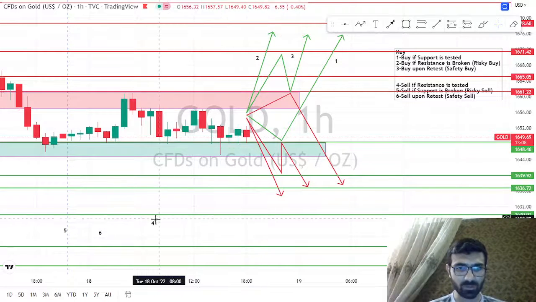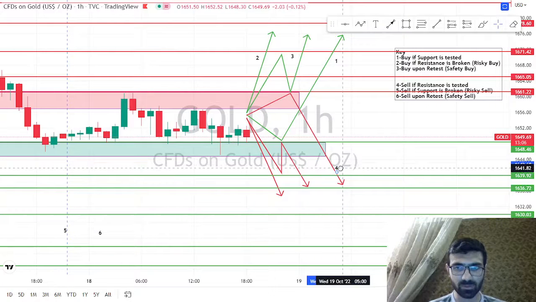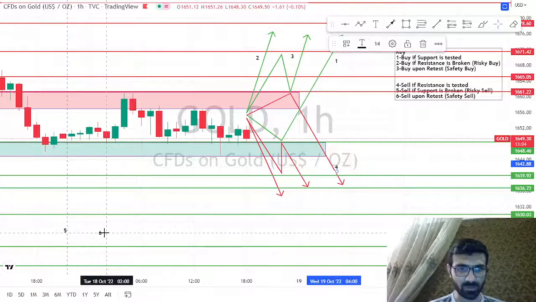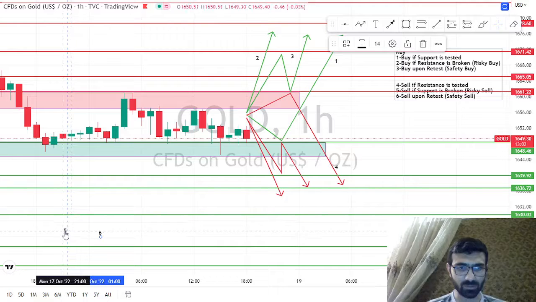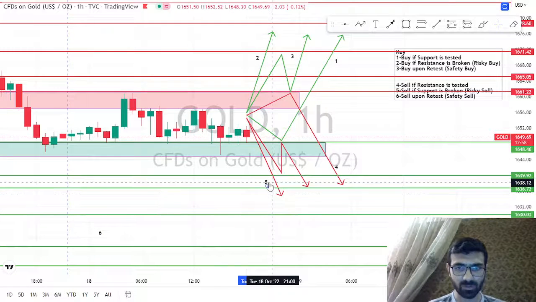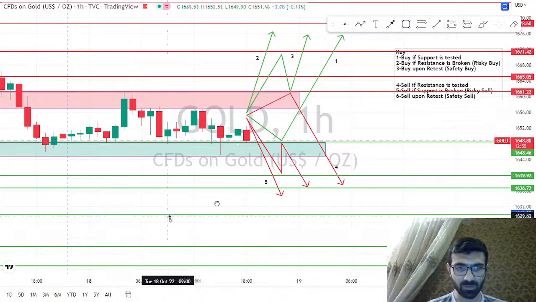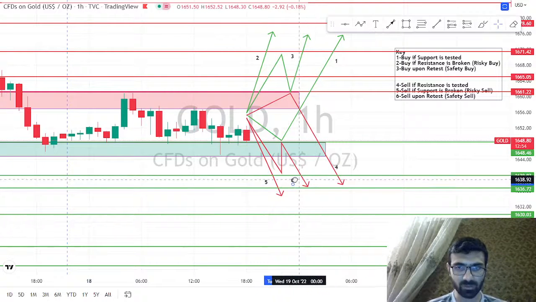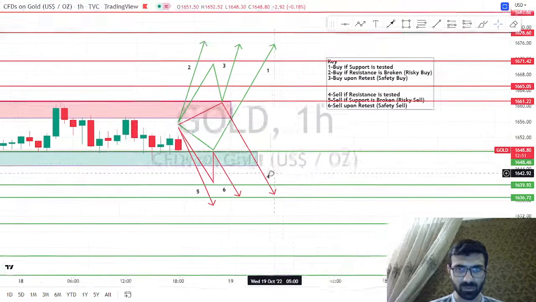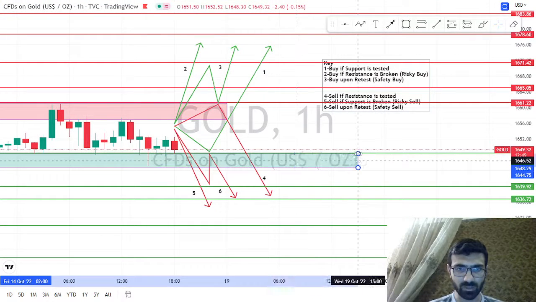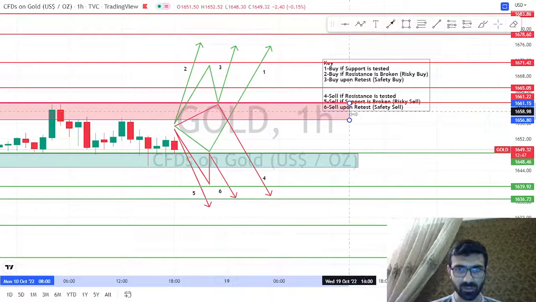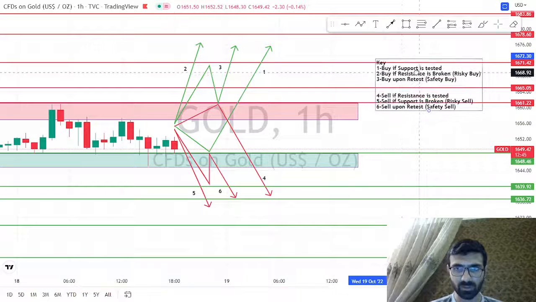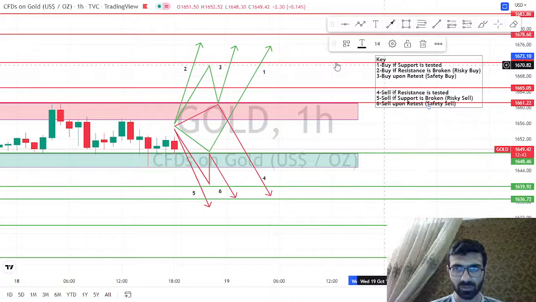Okay, so these will be the keys, and these will be the remaining keys. Okay, so let me stretch the support and resistance zones a little ahead.